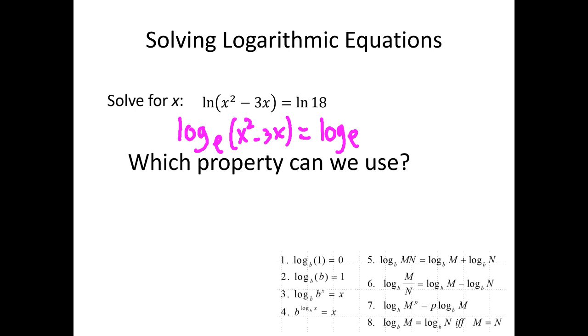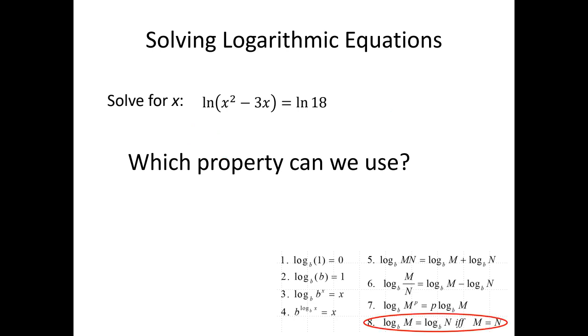So again, they both have the base e. That means we can set up an equation using the one-to-one property, which is going to be x squared minus 3x is equal to 18.